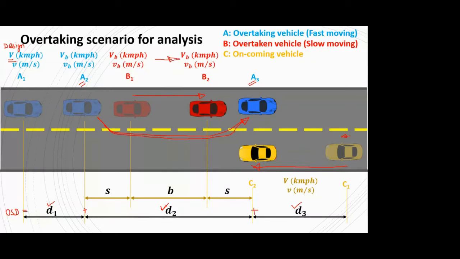Okay, the speed was not increased or decreased by this vehicle, and the speed of the oncoming vehicle was also V kmph, that is nothing but the design speed. Okay, again, if we are considering 100 kmph, then vehicle C was also traveling at 100 kmph.